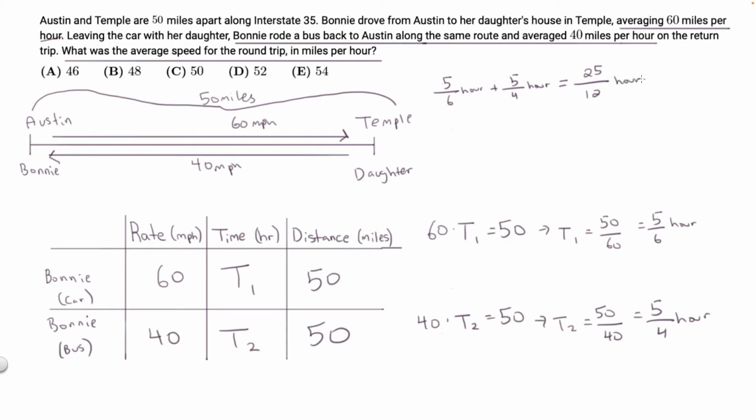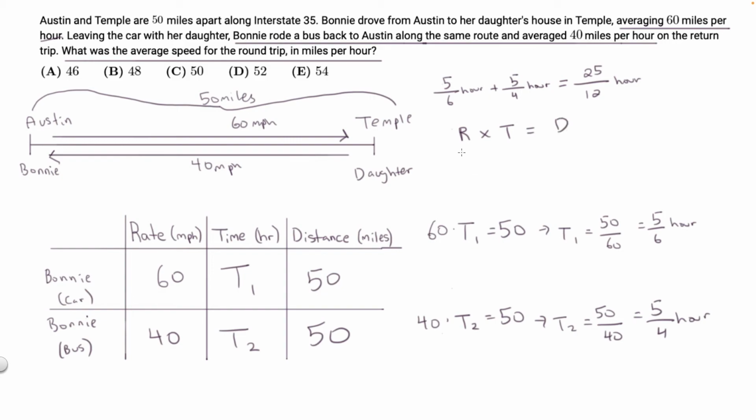So 25/12 of an hour was the total time it took for both trips, from Austin to Temple and Temple back to Austin. Since that's the time for the round trip, we can write the new formula, which is rate times time equals the distance.